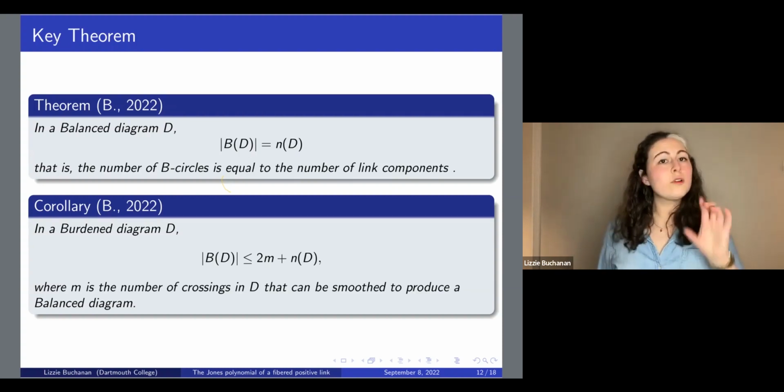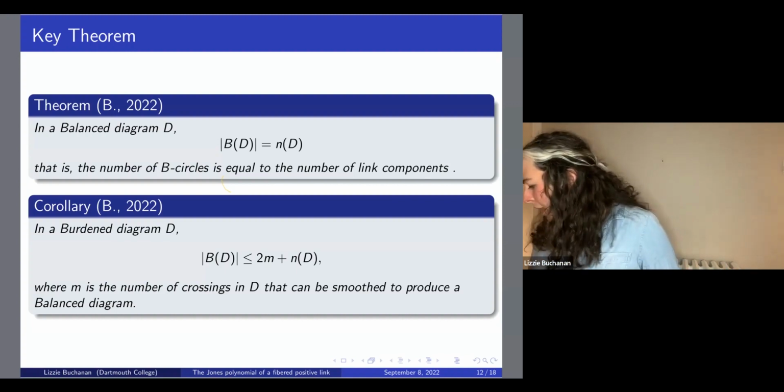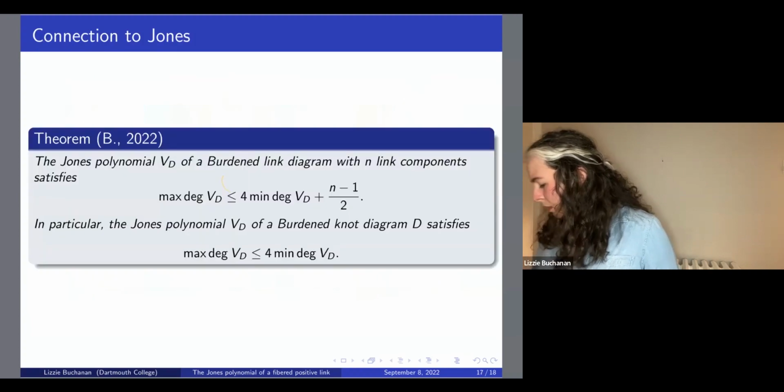And as I said, we can sort of weaken that a little bit in order to generalize it to burdened diagrams. And then what we're able to do is pause and say, okay, so what was it that we just said?